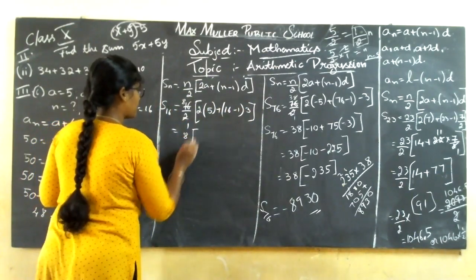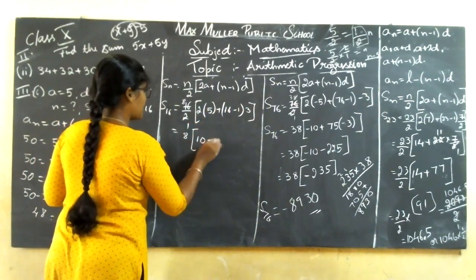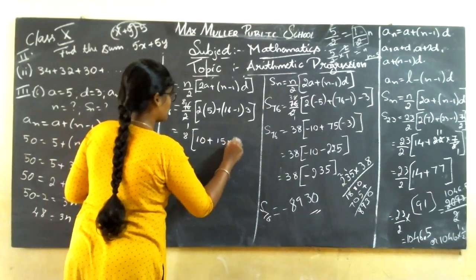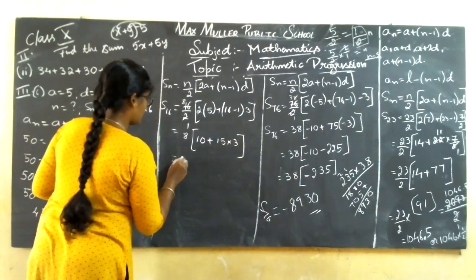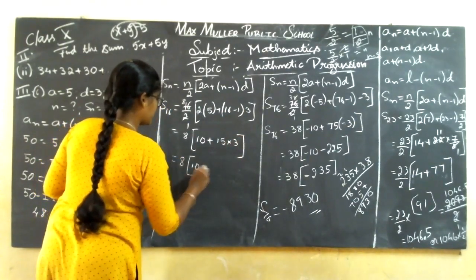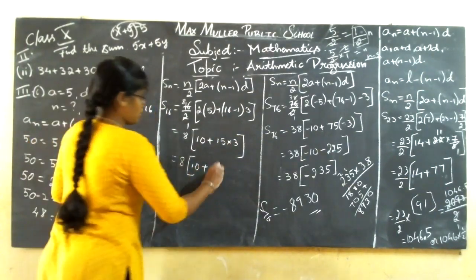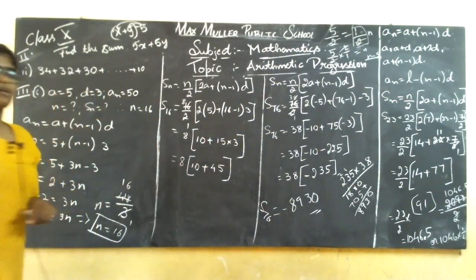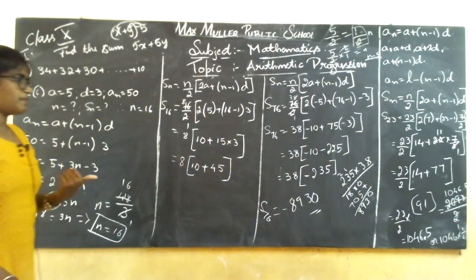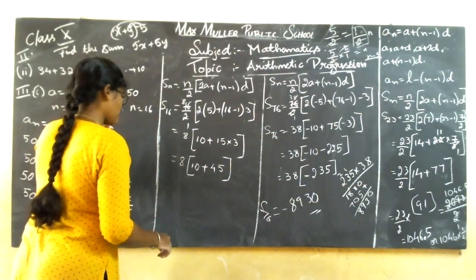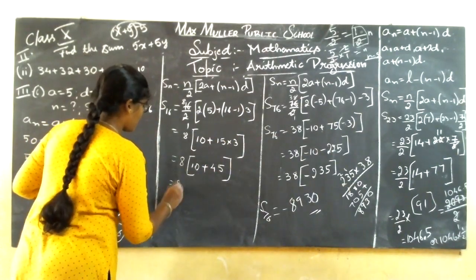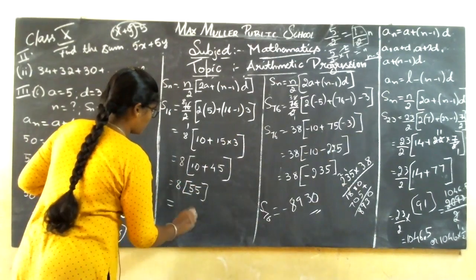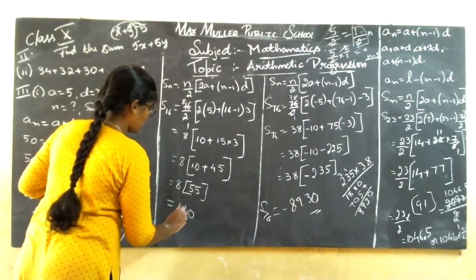So 8, 2 fives are 10 plus 16 minus 1 is 15 into 3. 15 threes are how much? 3 fives are 15, 1 carry, 3 ones are 3 plus 1 is 4. 45. 45 plus 10 is 55. 55 into 8 is 440.